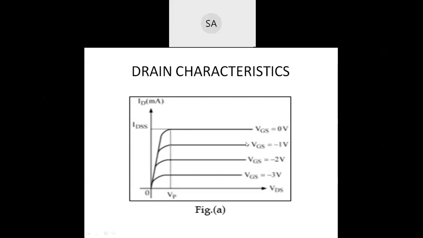When we apply a negative potential, VGS equal to minus 1 volt, increasing the negative potential decreases the pinch-off potential VP, because the two diffusion regions touch earlier than at the first VP voltage. That means the potential decreases at some point.